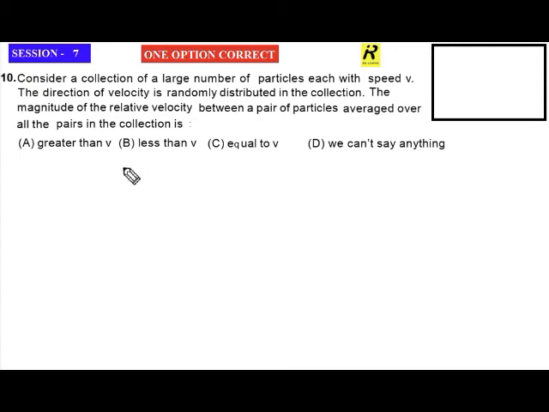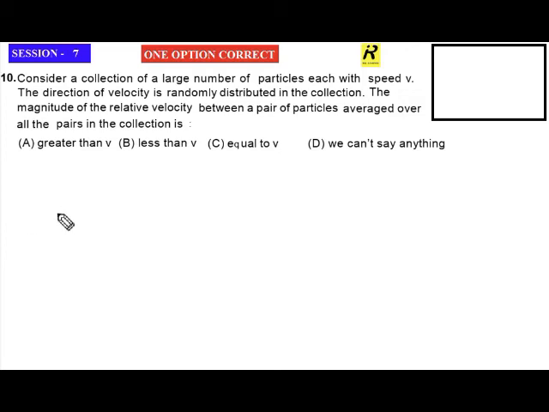So in this situation, the relative velocity can be written as VAB is equal to VA minus VB. Otherwise, I can also write by using the cosine rule.